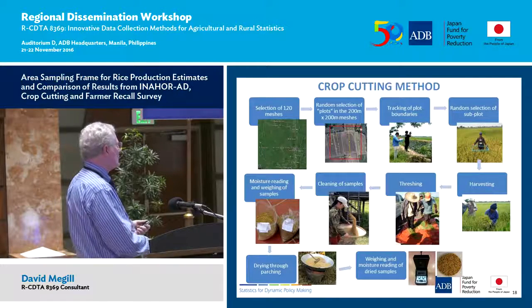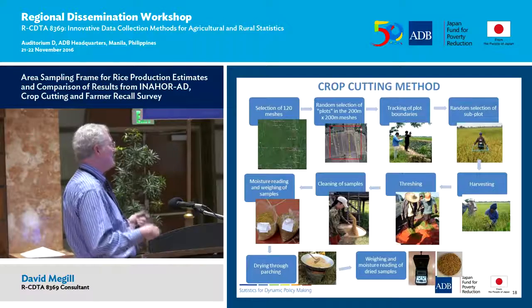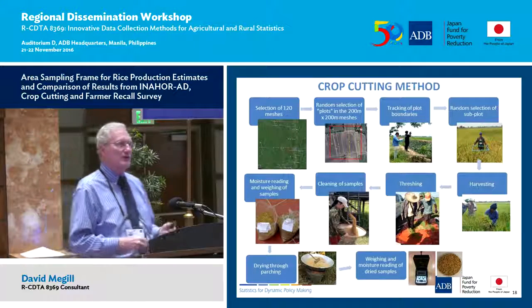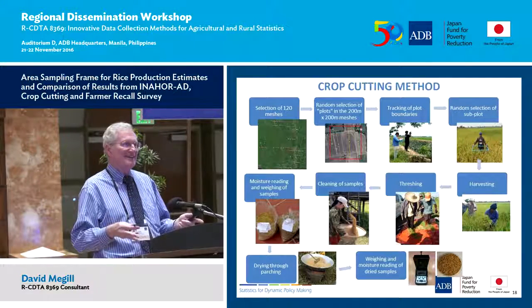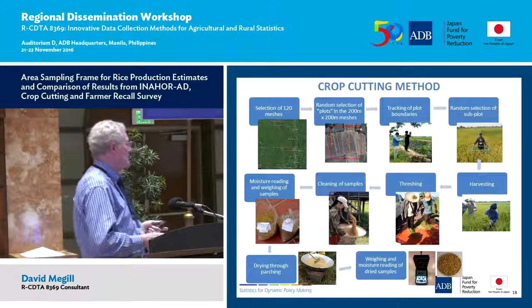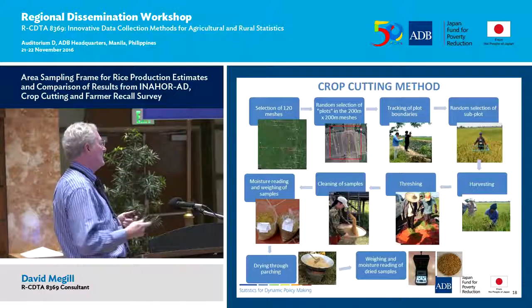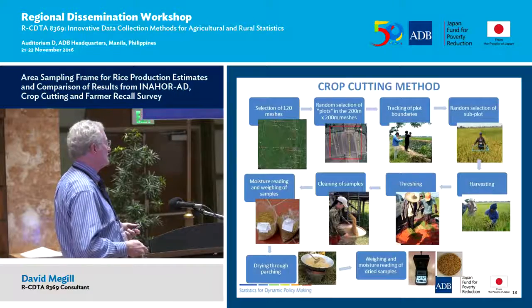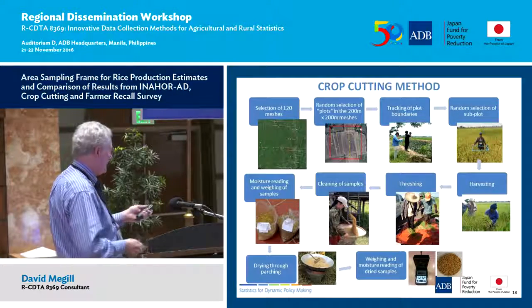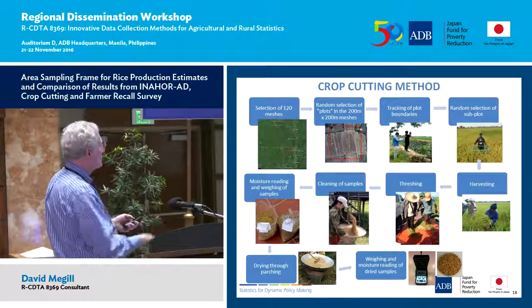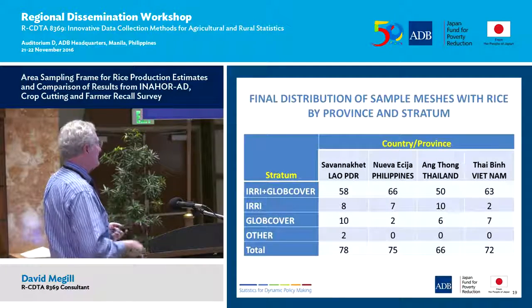Of course, the moisture reading is very important to make sure that you have a consistent state of the paddy that's being measured in order to get accurate estimates of yield. So this goes through all of the steps there.